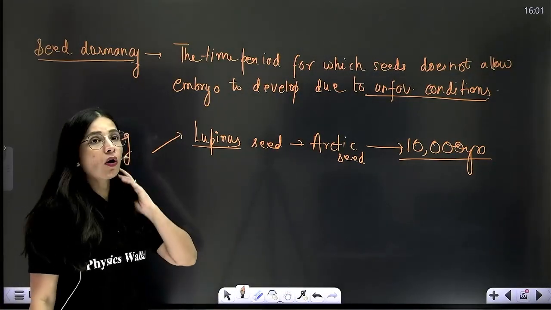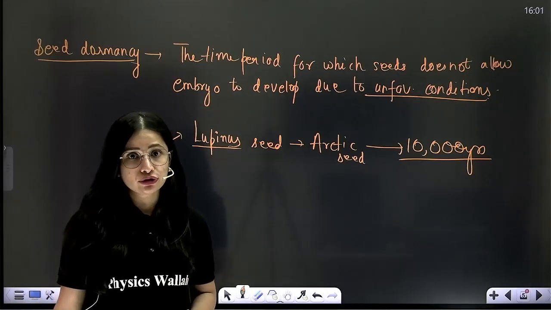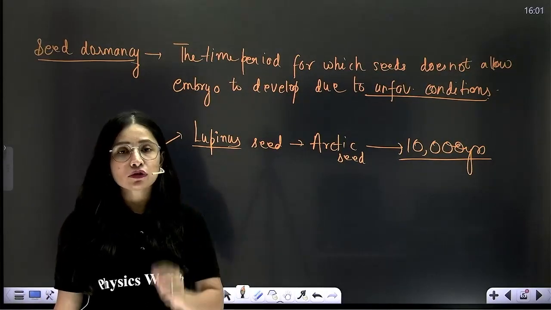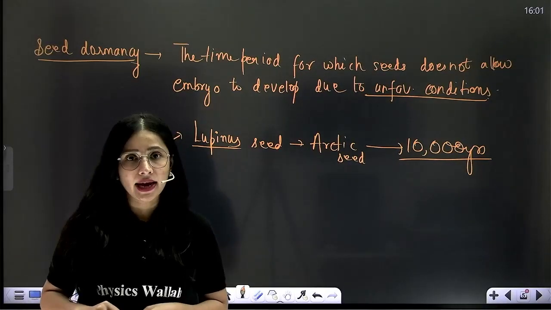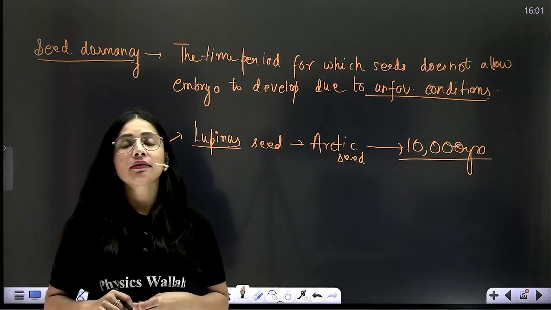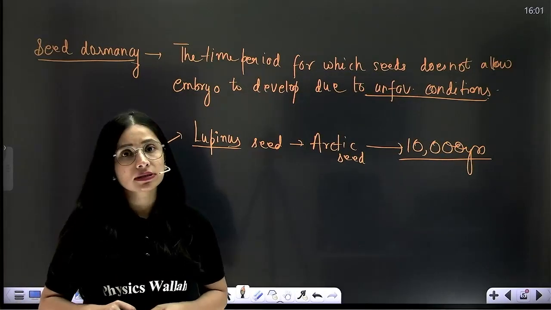Similarly, there's a king called King Herod. From his palace, also one of the seeds was extracted, of date palm, Phoenix dactylifera, whose dormancy ranged up to 2,000 years.